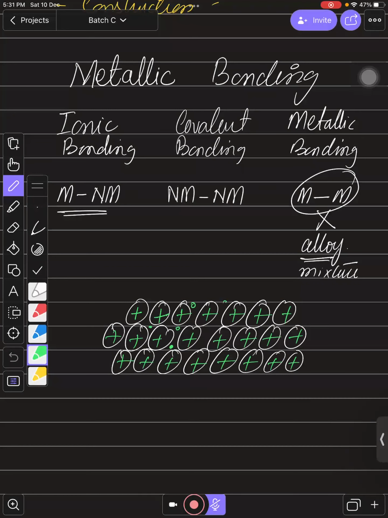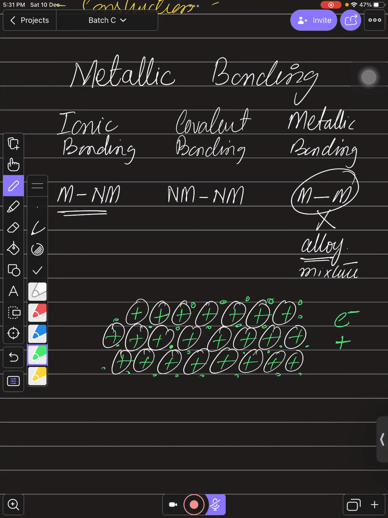So in every metal, the atoms lose their electrons and the electrons are delocalized throughout the structure. They are moving randomly in the structure like this. The charge on the electron is negative. Electrons are negatively charged particles, and now the nucleus becomes positive.